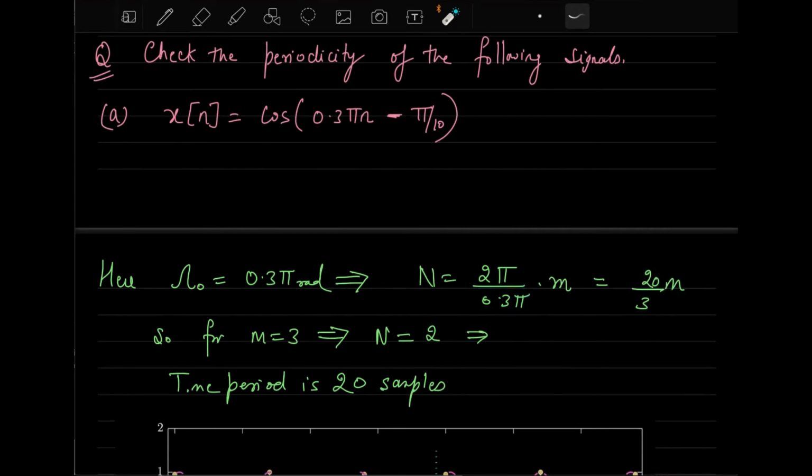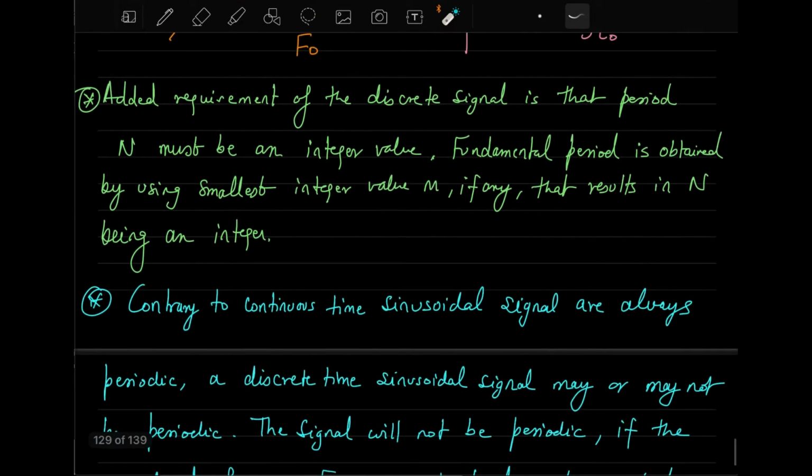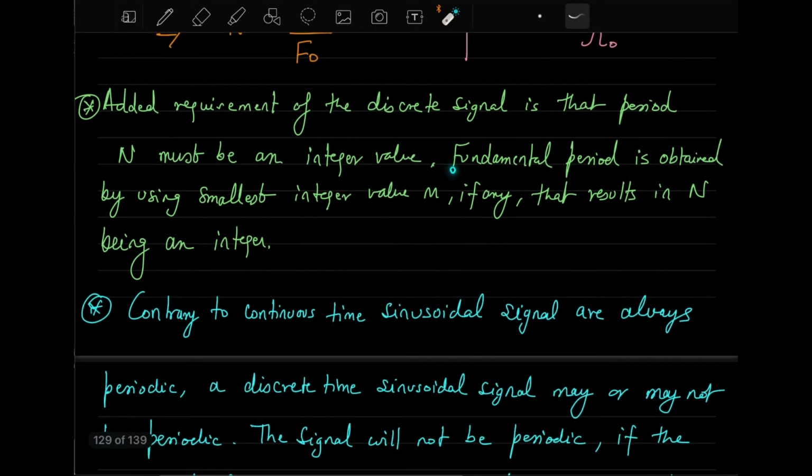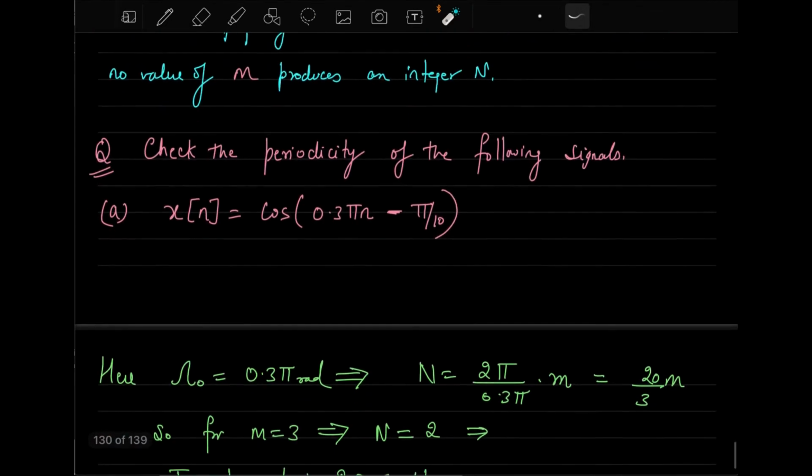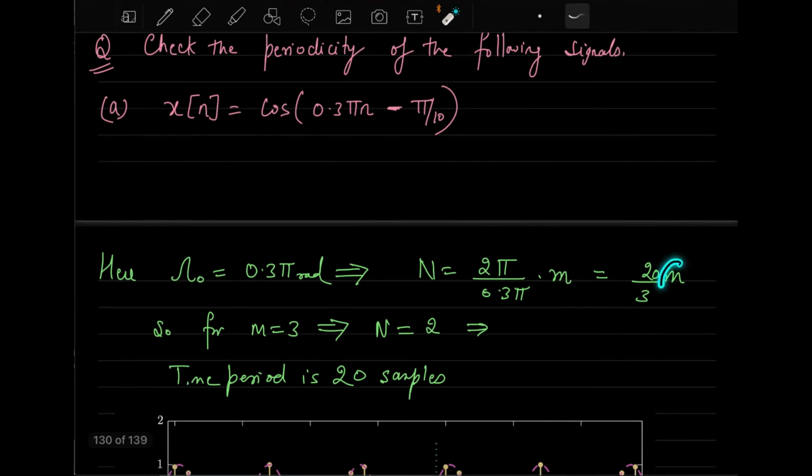So now if you go back to the definition, what it says is the fundamental period is obtained by using the smallest integer value m, if any, that results in capital N being an integer. So based on this definition, we will use m as 3.